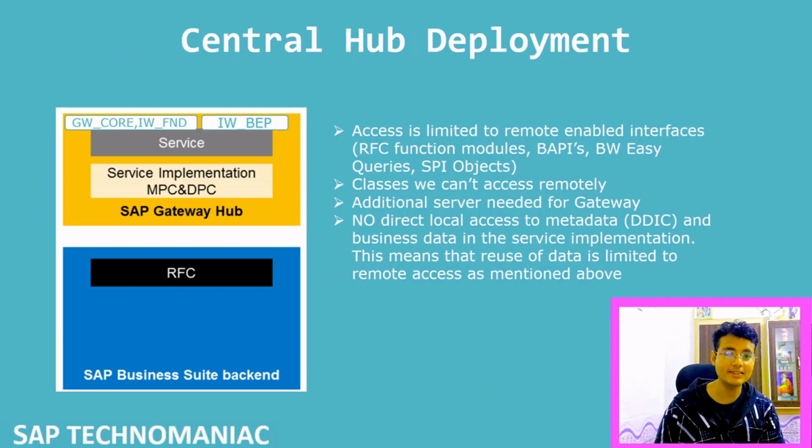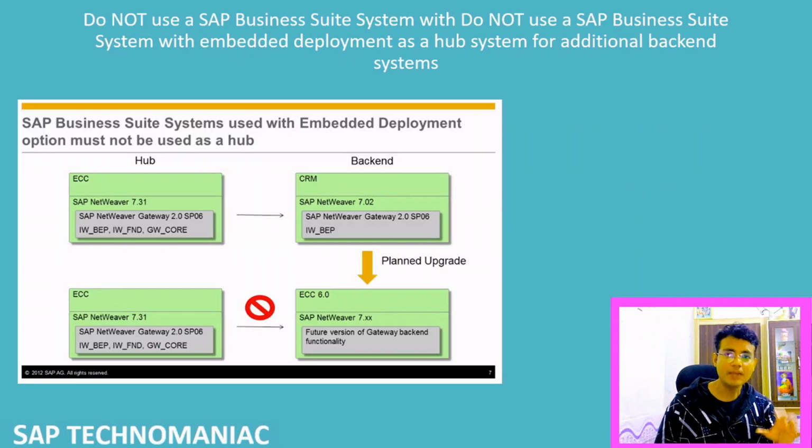What I want to tell exactly is that suppose you are working in your ECC system, you are developing your service in the ECC system, and you are registering and maintaining that service in the ECC system also. So for ECC, it becomes an embedded deployment.